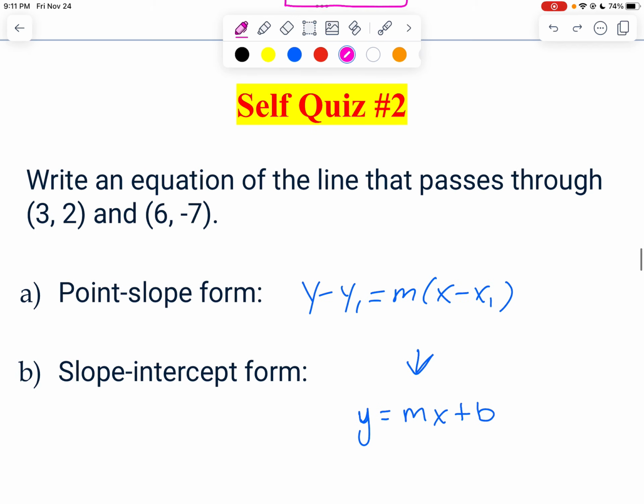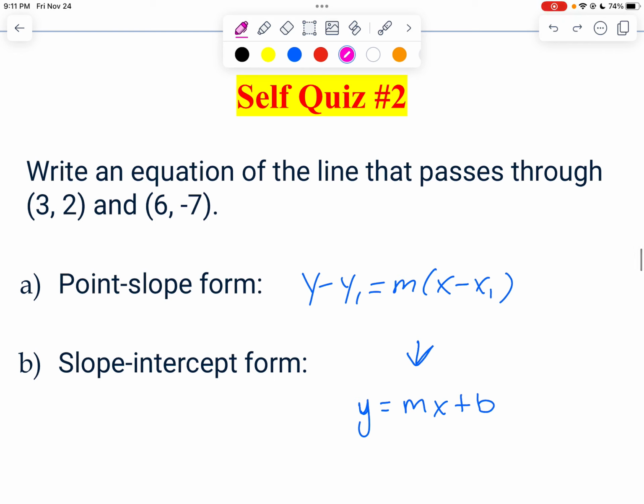That brings us to self-quiz number 2. So this was a rather short one. Write the equation of the line that passes through the points (3, 2) and (6, -7). There are 2 parts to this. For part A, I want you to write it in point-slope form. So you're going to have it in this form here: y minus y1 equals m times x minus x1.